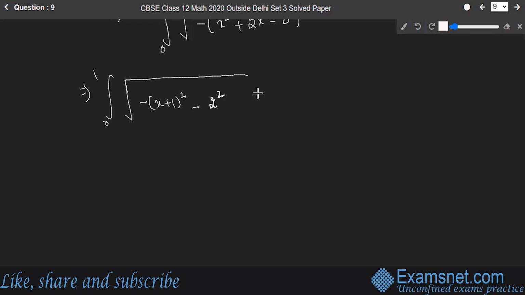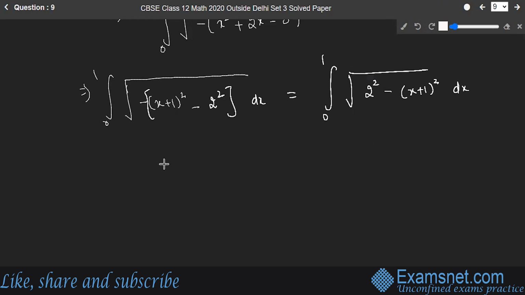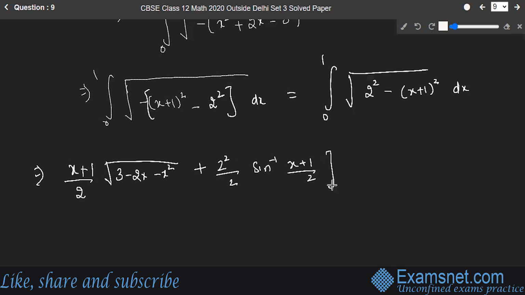Now this can be written as root of 2 squared minus (x plus 1) squared dx. Now this is the formula for the integral. It will be (x plus 1) upon 2 root of 3 minus 2x minus x squared plus 2 squared upon 2 sine inverse (x plus 1) upon 2.